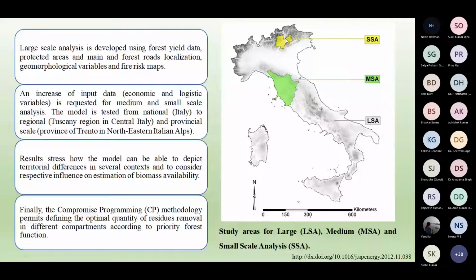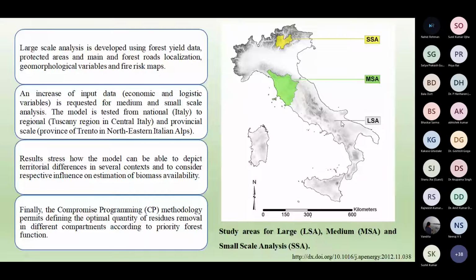Then they interpreted the results in a way that the model is able to depict the territorial differences in several contexts, because that influences the biomass availability.